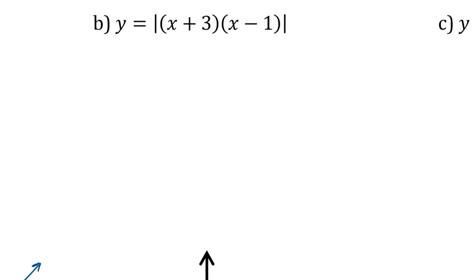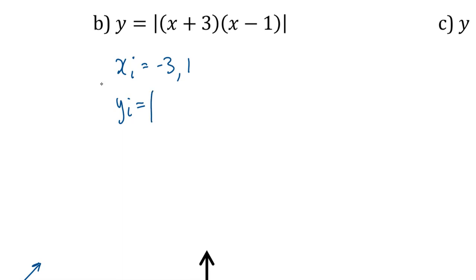What are my x-intercepts? -3 and 1, both order 1, both straight pass-throughs. What's my y-intercept? Careful. Yeah, it's going to be 3, right? Of the part inside, it's -3, but it's actually going to be 3.